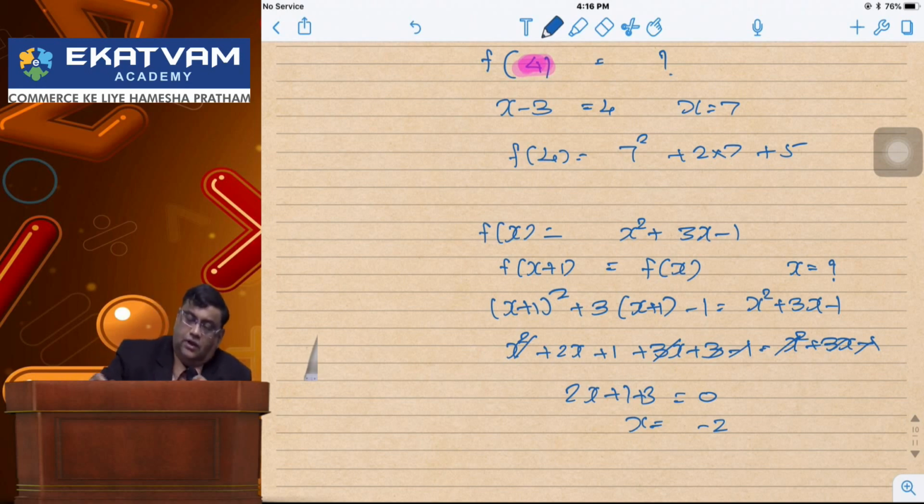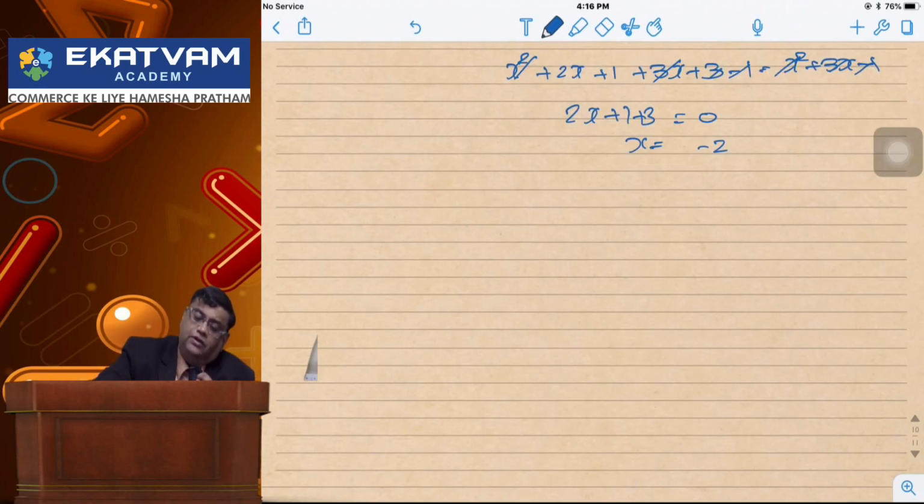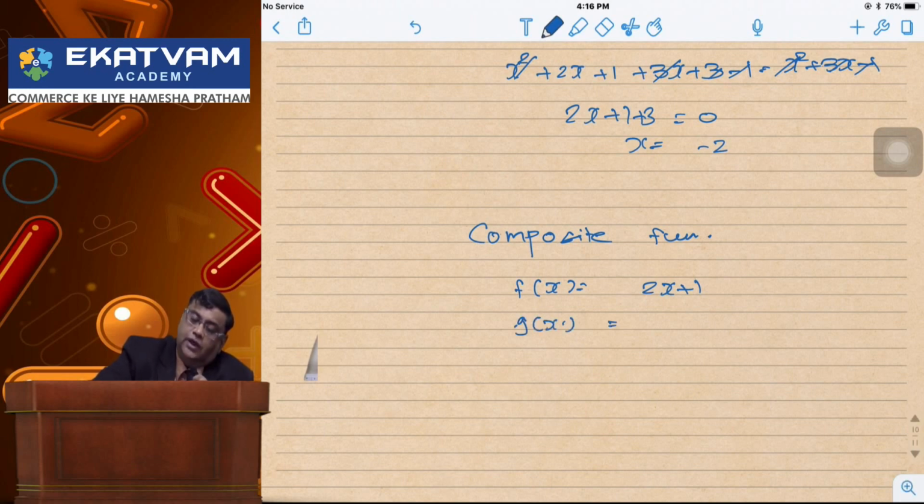Then comes an important point, and that is composite function. Composite function: f(x) equal to 2x + 1, g(x) equal to 7x. I tell you to find f of g, g of f.